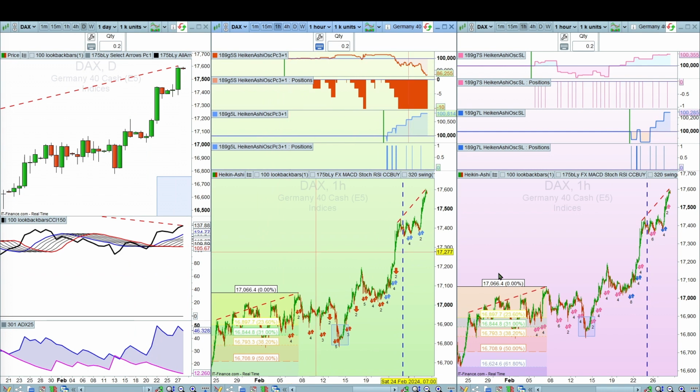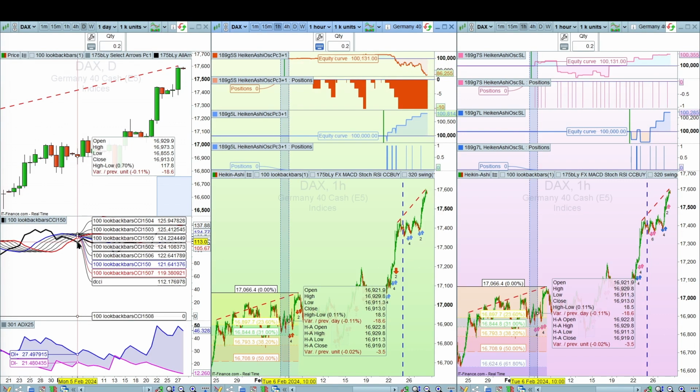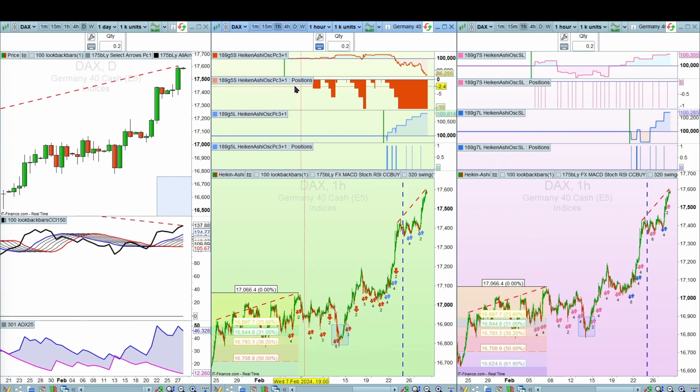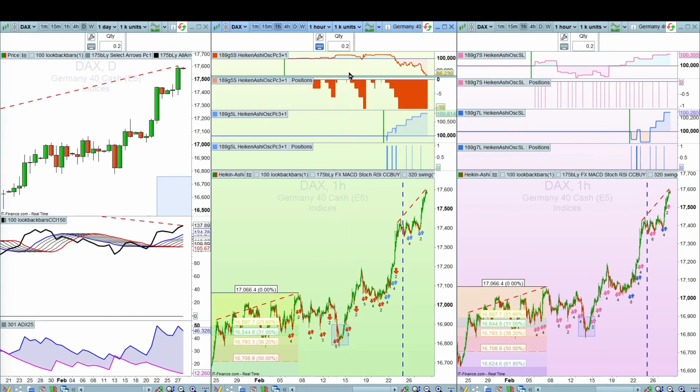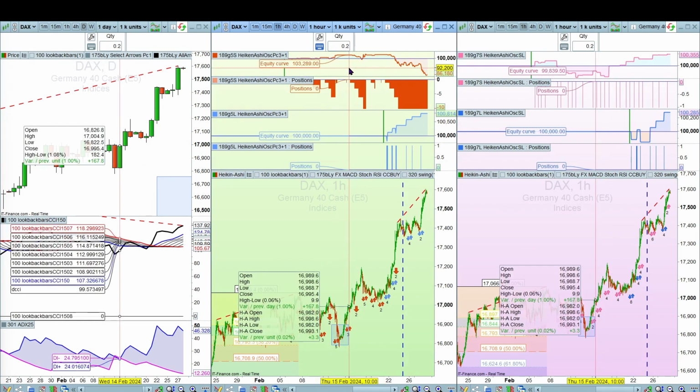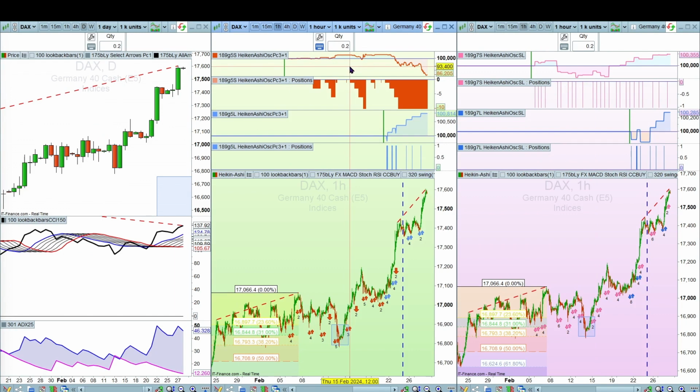And on going short, had you gone short when the CCI broke below the moving averages, and again you can see the starting point on the right charts, you would have gone short during these periods, and you would have stopped going short when the CCI broke into that range of moving averages. You would have stopped at that point and not taken any long or short trades on the average down approach.